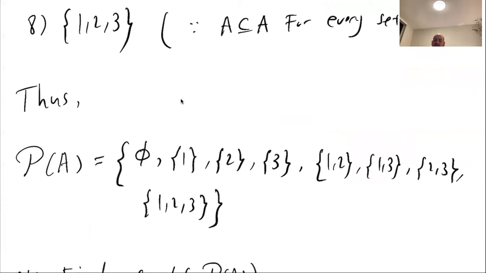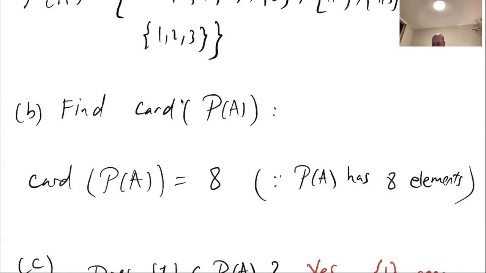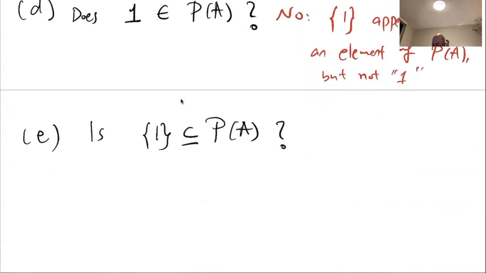Well, we have to think about the definition of subset again. When do we say that a set is a subset of another set? If every element inside the first set is also an element inside the second set. Now I have two sets here. On the left-hand side, I have a set containing 1. I have to check whether every element inside the first set is also inside the second set.